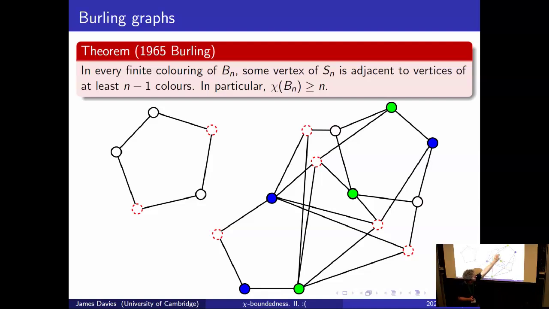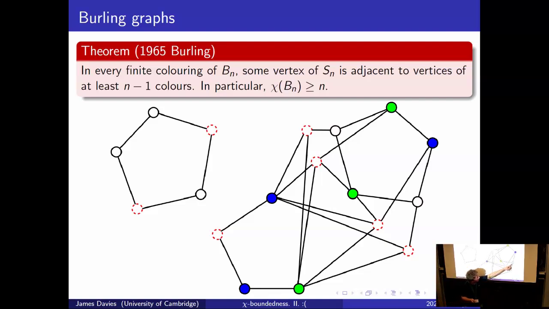But one of these special guys is going to see at least 2 colors in here. So let's just say it's on this side. Now I have this vertex which sees at least 2 colors in my central copy and 2 colors on the attached copy. If these weren't the same 2 colors, then I've won, because I'll be seeing at least 3 colors now. So I can assume they're the same colors, blue and green again.